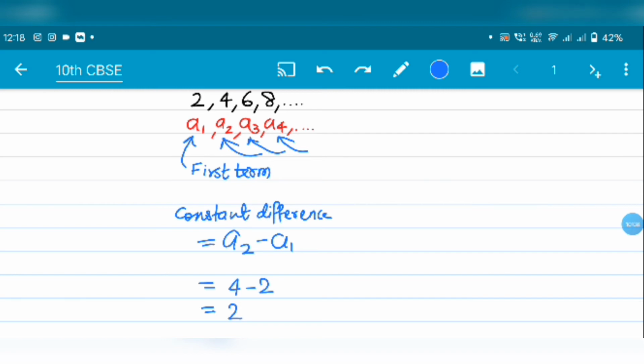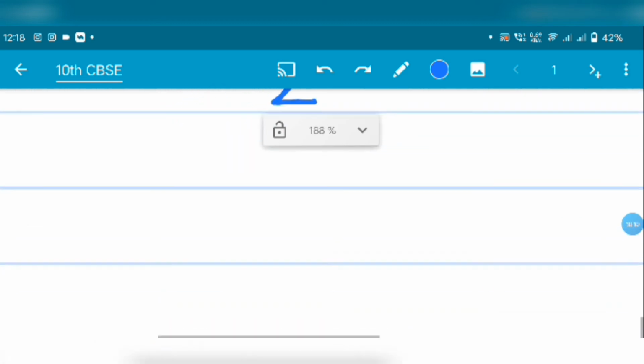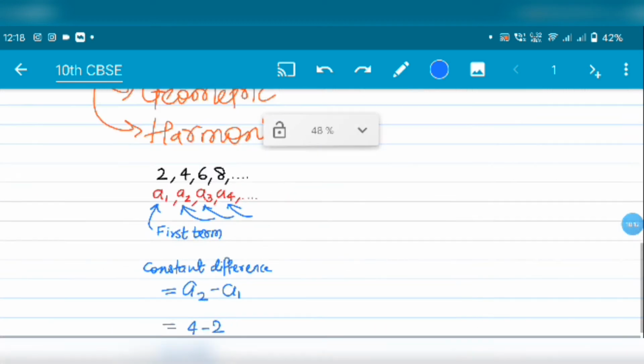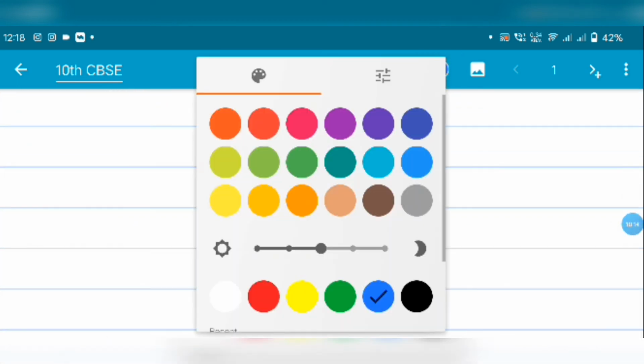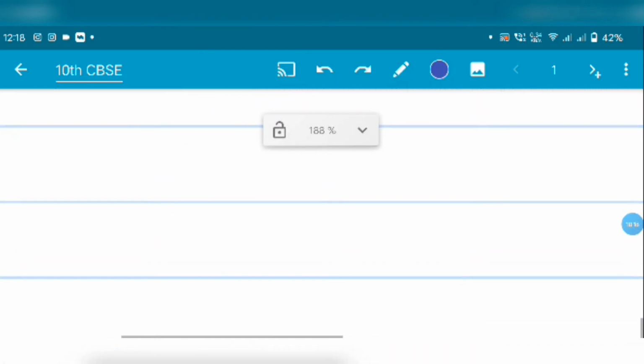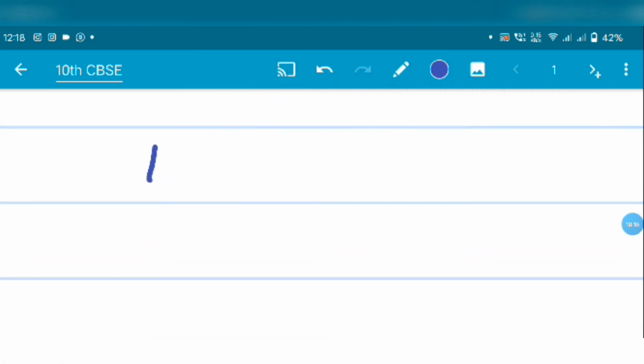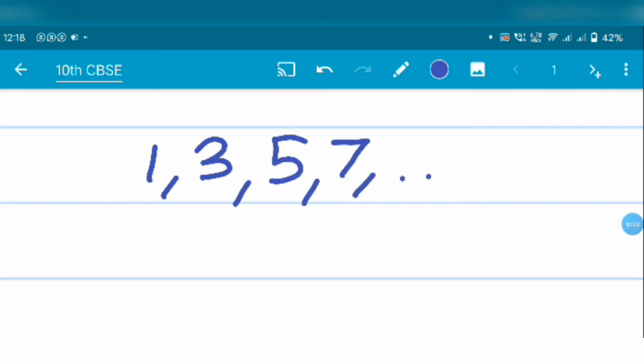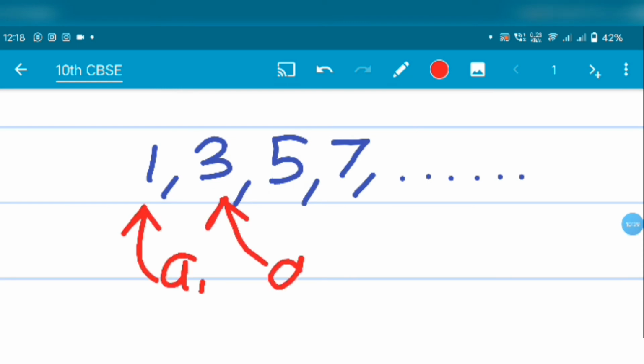Okay, to find any term of a sequence, for example, I have written this sequence. Let's say I am writing the sequence 1, 3, 5, 7 and so on. No doubt this is the first term, this is the second term, this is the third term, that is A3.